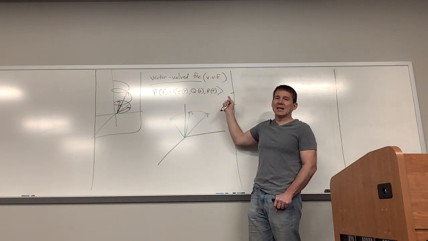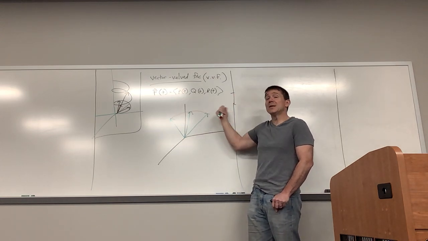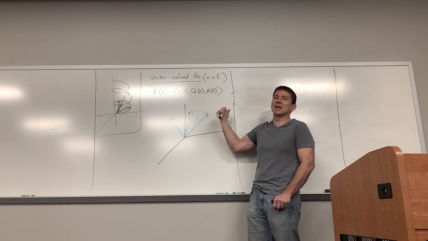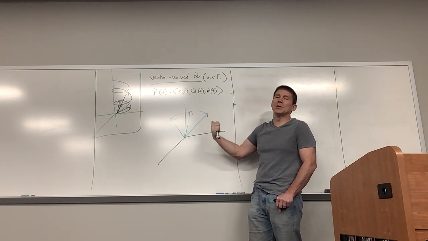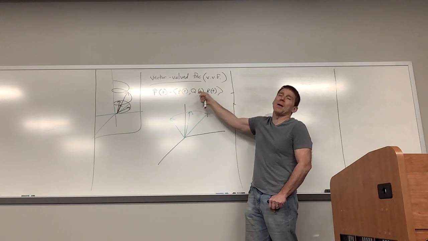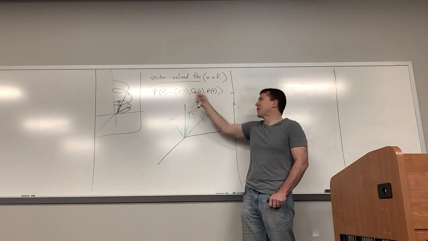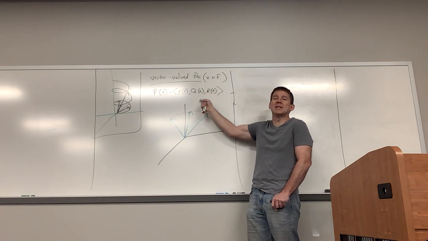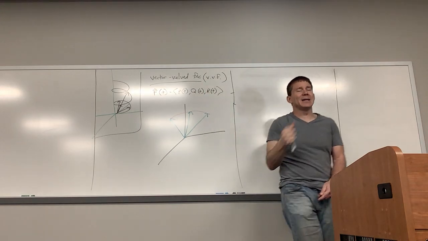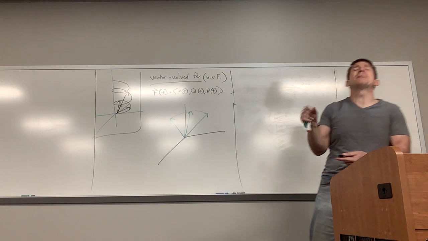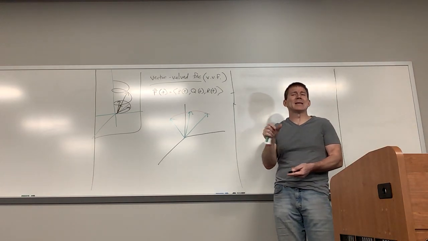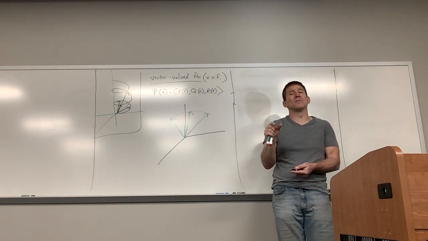If all three exist, you have your limit. If one does not exist, then the limit does not exist. Same idea with continuity, same idea with domain. If there's a problem in Q of t, then there's a problem for the whole thing at whatever value of t causes the issue. So just keep that in mind. That's one thing that tends to confuse students.